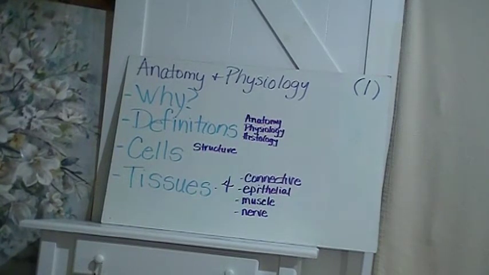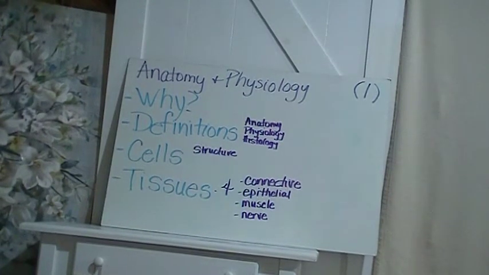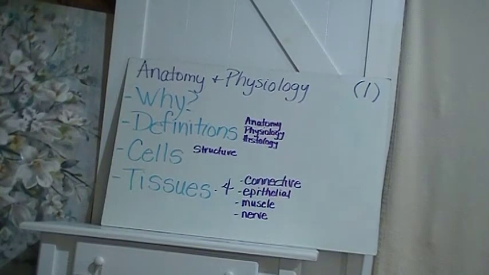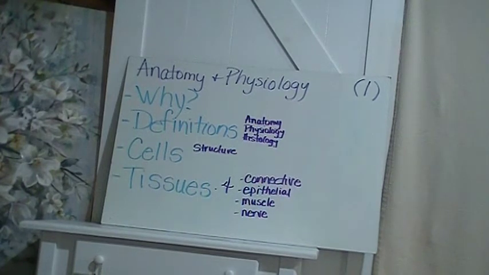So anatomy is the structures. Physiology is what those structures do. I also have histology listed there, which is not listed in your book, but that is basically microscopic anatomy. You may find a test question on that somewhere along the line, just so you have at least heard of it before.